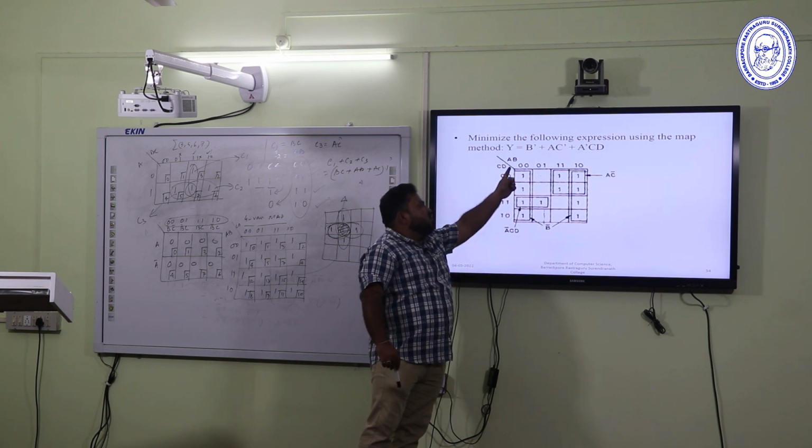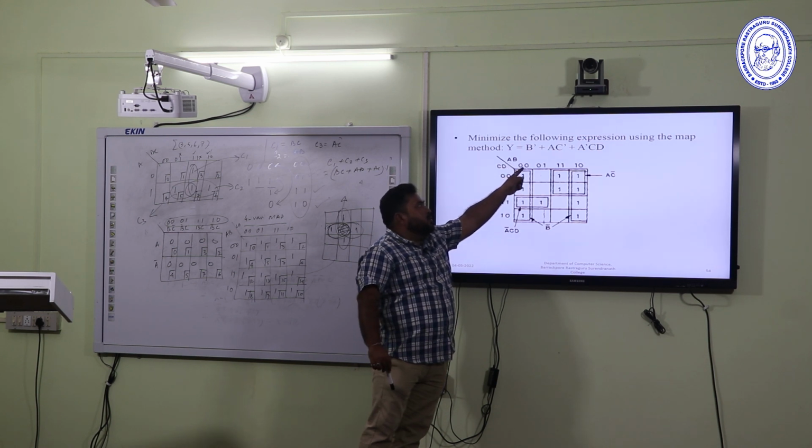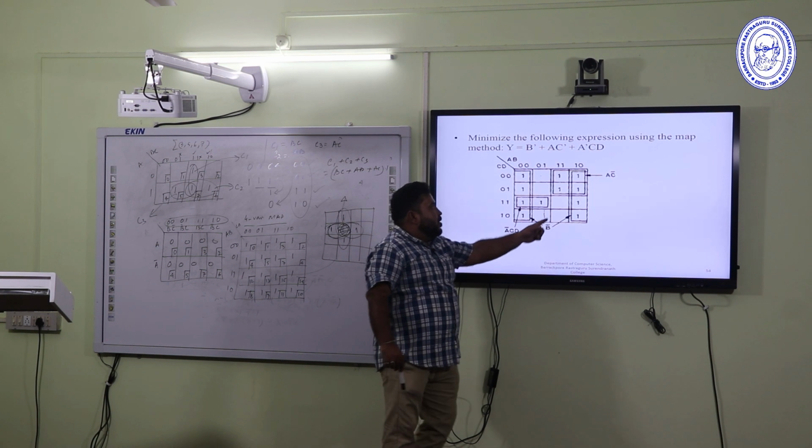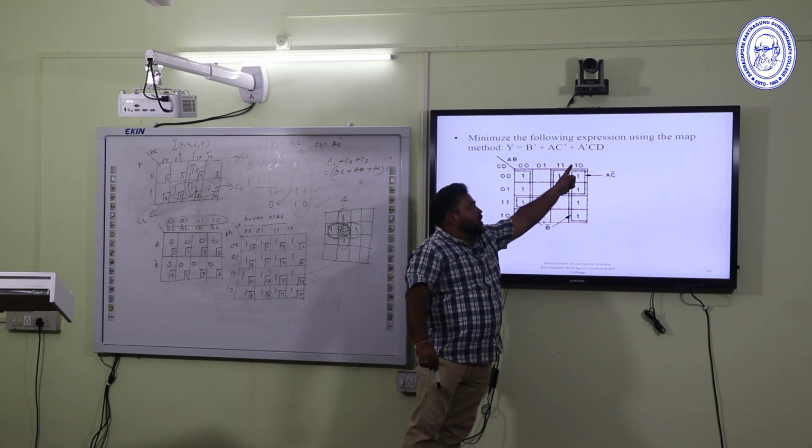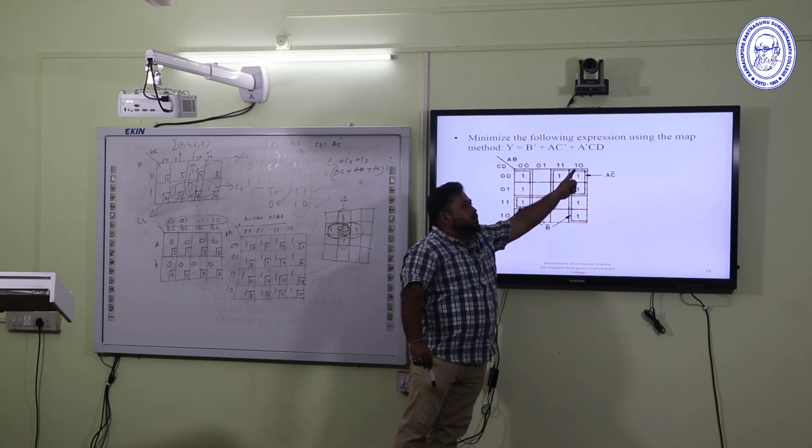section we can notice that a prime, b prime, that is 0 means a prime, 0 means b prime, and from this one we can get 1 0, that is A, B prime.